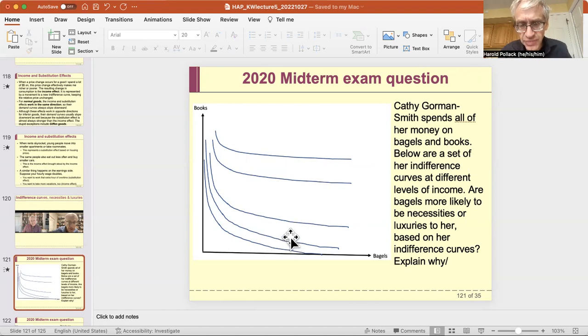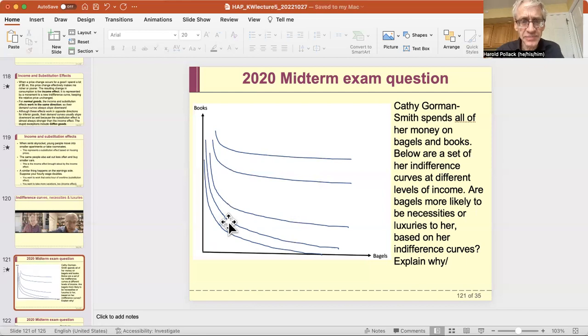An extra bagel is definitely going to move her to a higher indifference curve. As we move up, with an extra bagel she's pretty much staying on the same indifference curve. That's really saying she's getting bored with bagels more quickly. At low income, an extra bagel really does move her to a higher indifference curve. So bagels are more likely to be a necessity.